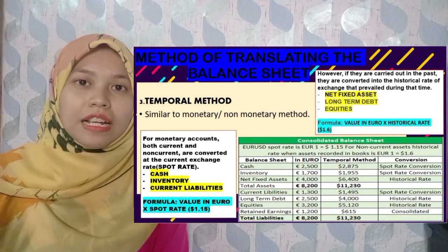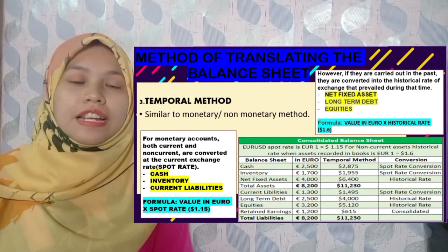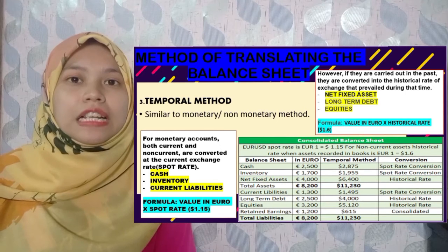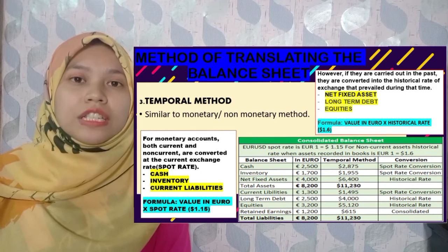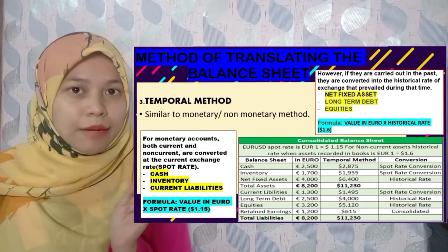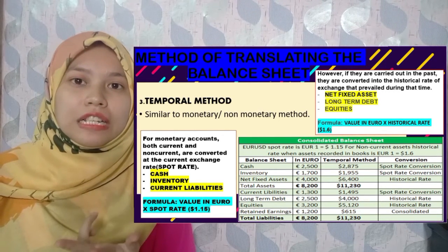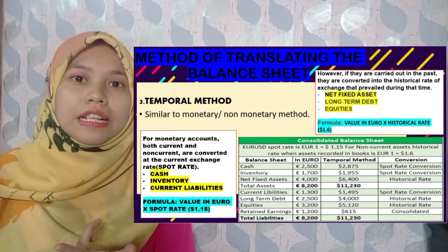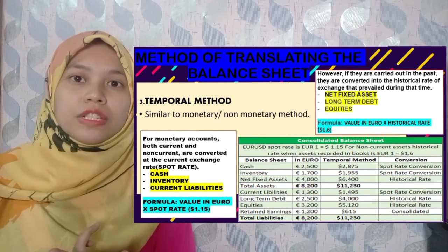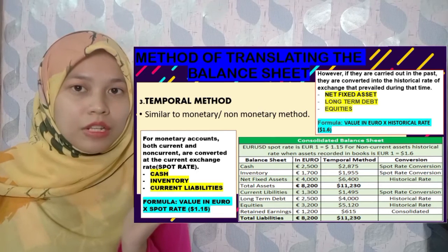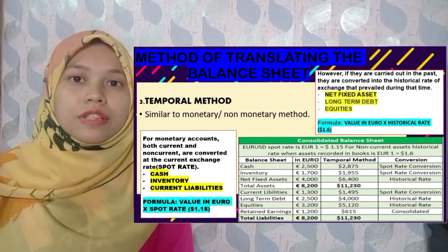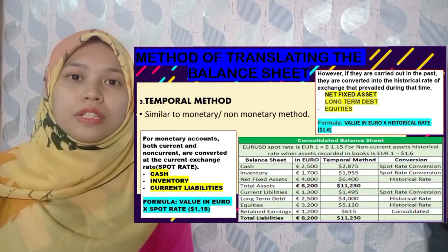For monetary accounts, both current and non-current, they are converted at the current exchange rate, which is the spot rate. In the table, cash, inventory, and current liabilities are converted at the current exchange rate, using the formula value in euro times the spot rate, which is 1.15 USD.